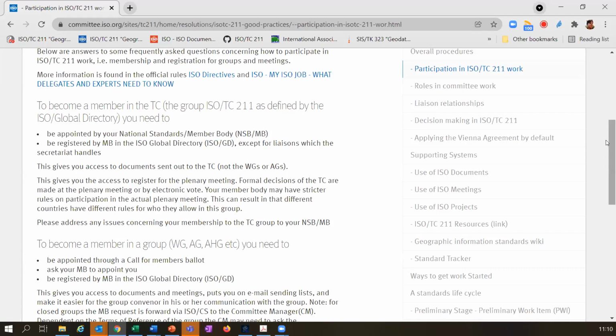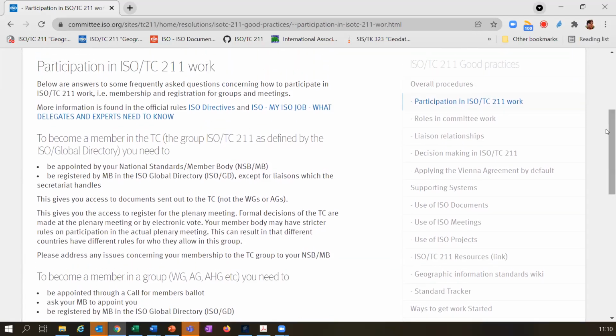But it's not always so simple to figure out how this is done. So we've tried to note down the information that could be needed to solve this part.